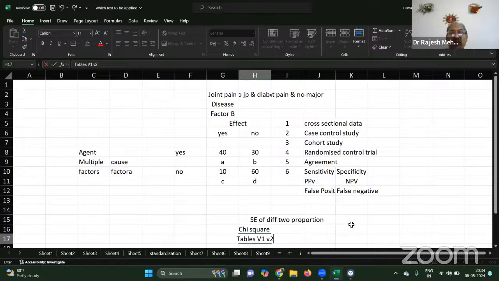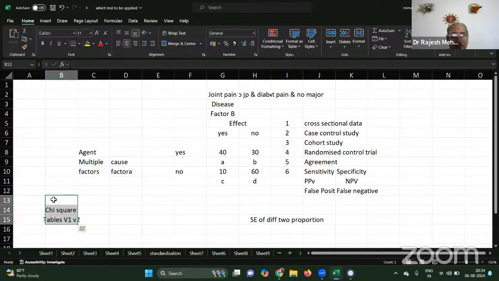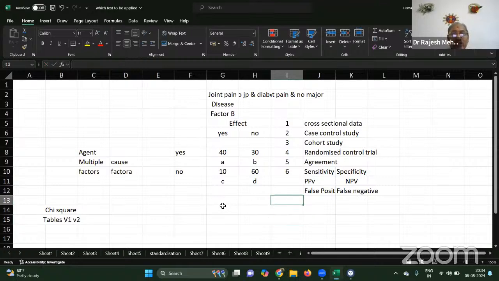If we are going to use, for example, a cross-sectional study, then a simple standard error of the difference between two proportions will tell us whether there is a correlation between these two factors or not. Suppose we are using a case control study.